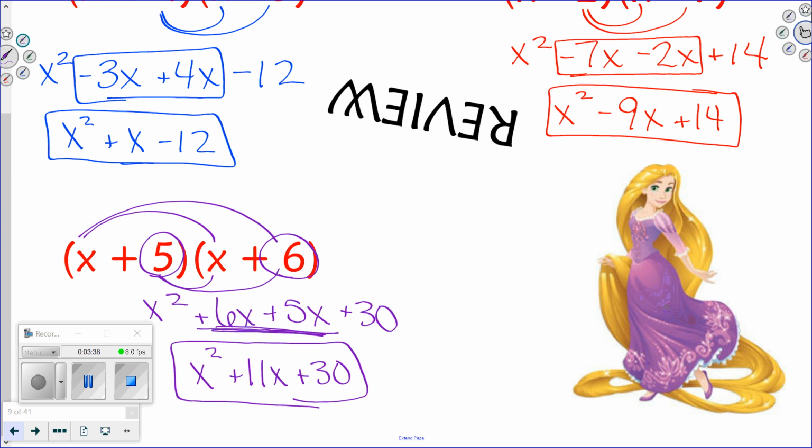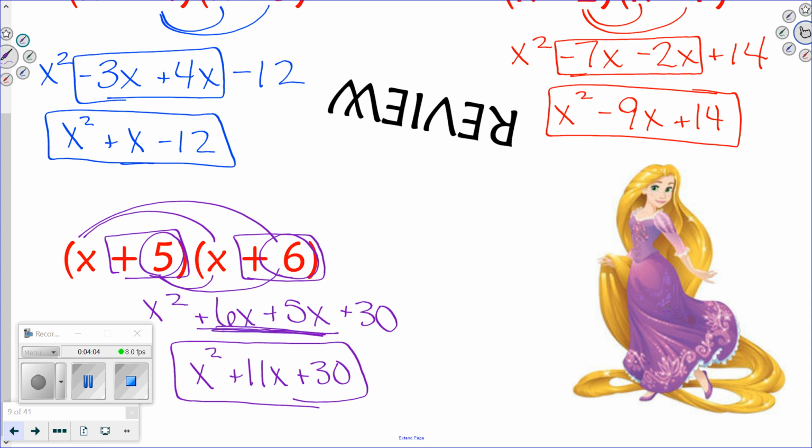So in order to get this last one, we're looking at the numbers that go here. These multiply to give me that. So that's how we always start with factoring, because factoring is I'm going to give you this and ask you to turn it back into this. It's like you're undistributing all of it. So our game plan starts with this last number: what do you multiply to get 30? That's where these numbers are coming from.